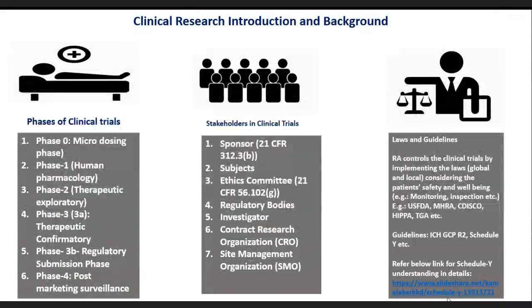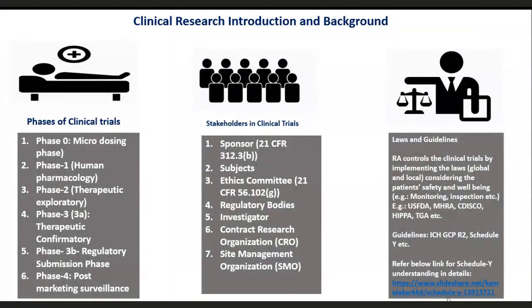So the microdosing phase is where we start the clinical trial. Then phase 1 is called human pharmacology, where we check the PK/PD values of the medicine, that is pharmacokinetics and pharmacodynamics. Then phase 2 is called the therapeutic exploratory phase, and then phase 3A is the therapeutic confirmatory phase. After phase 3A, whatever data we have collected from phase zero onward, we need to submit to the regulatory bodies.